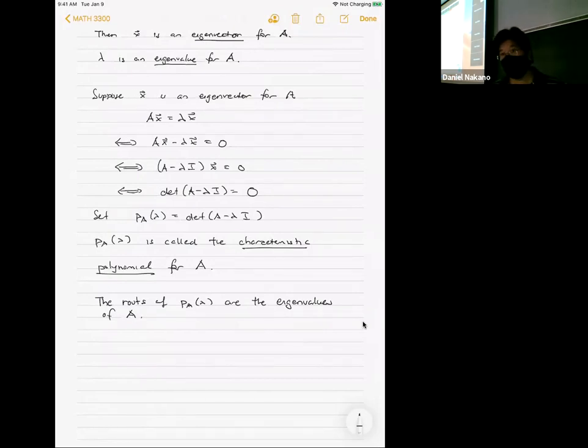Once you're given an eigenvalue, you can find all the eigenvectors by looking at the eigenspace.